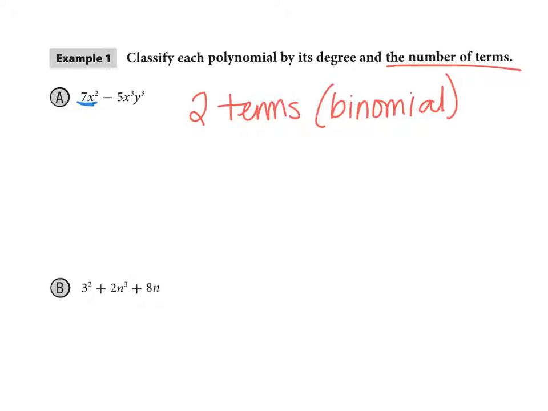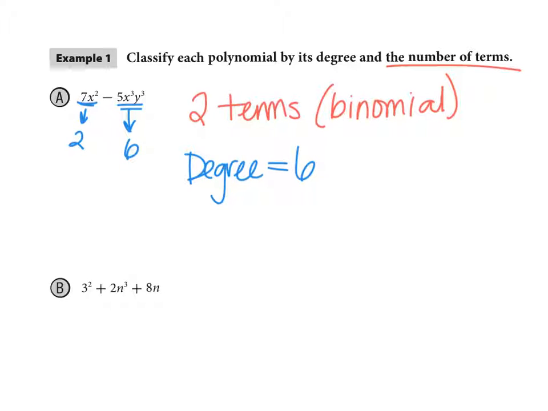So my first term has 2, and my second term has 6. There are 3 x's and 3 y's, and the final degree is the one with the highest. So the degree on this whole polynomial is 6 because that was the higher number.